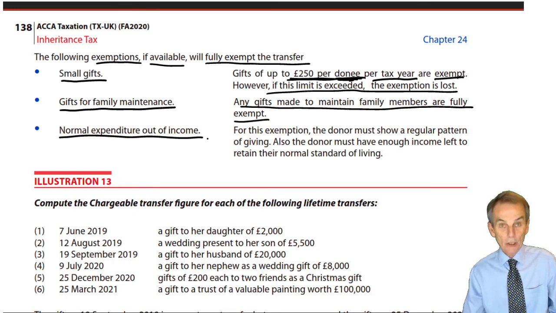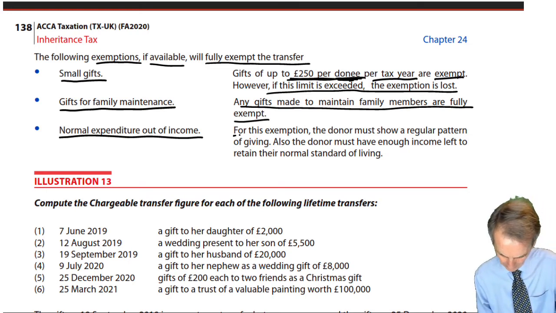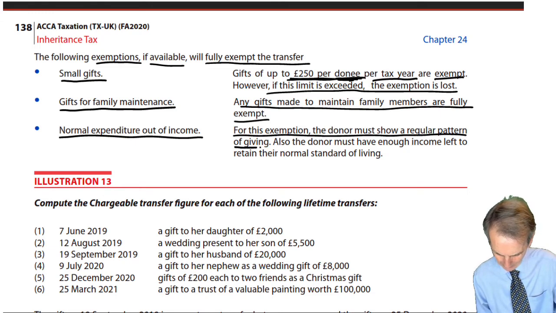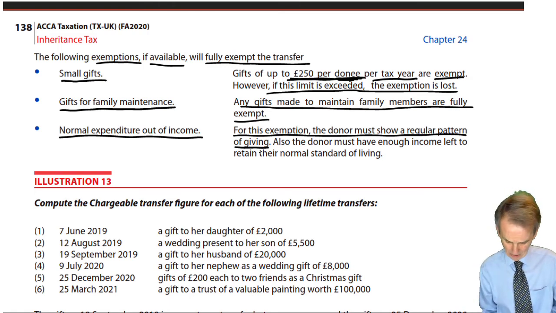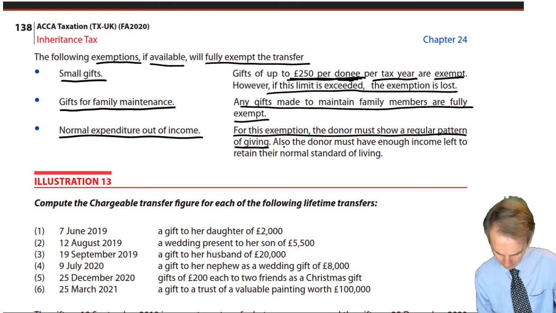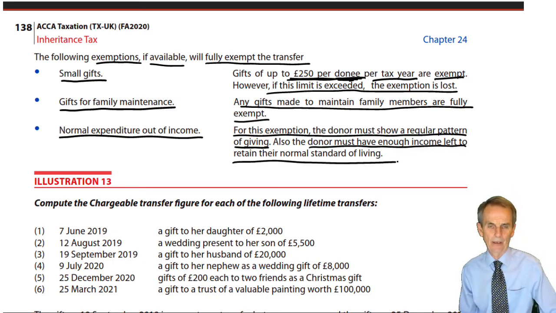So, for this normal expenditure out of income exemption to apply, the donor must show a regular pattern of giving. It's not just a one-off gift. It must be a regular pattern, like birthday presents and Christmas presents. It's normal expenditure out of income. So the donor must have enough income left to retain their normal standard of living.